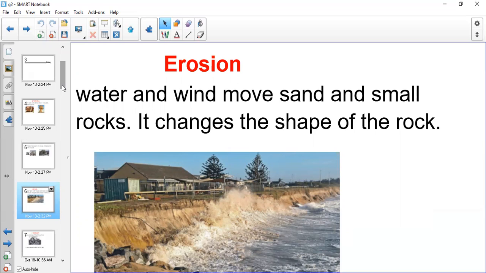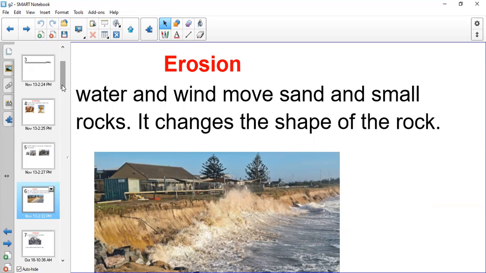Okay, so weathering, wind and water break rocks into pieces; erosion, wind and water move these rocks.